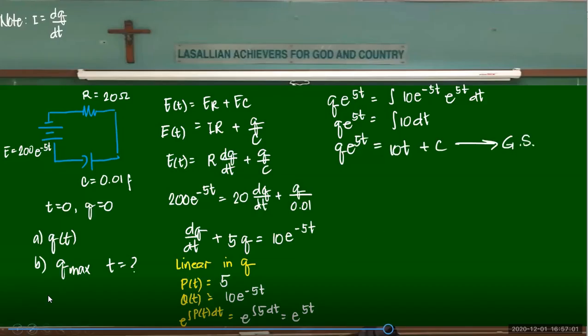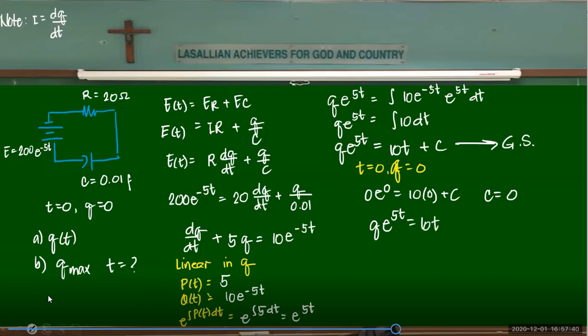How do I solve for c again? When time equals 0, q is equal to 0. Help me plug it in. So 0 times e to the 0 equals 10 times 0 plus c. Therefore, I can say c is 0. So, q e to the 5t is equal to 10t.